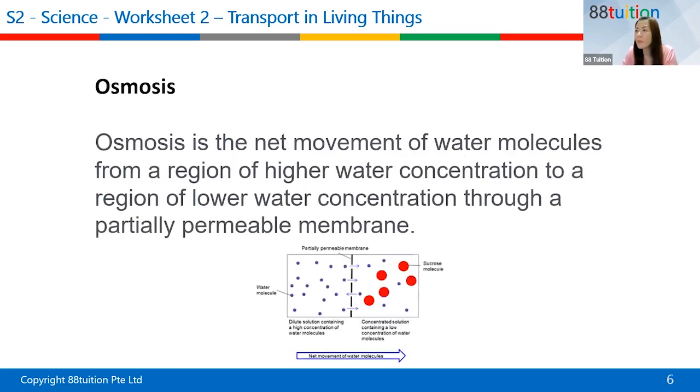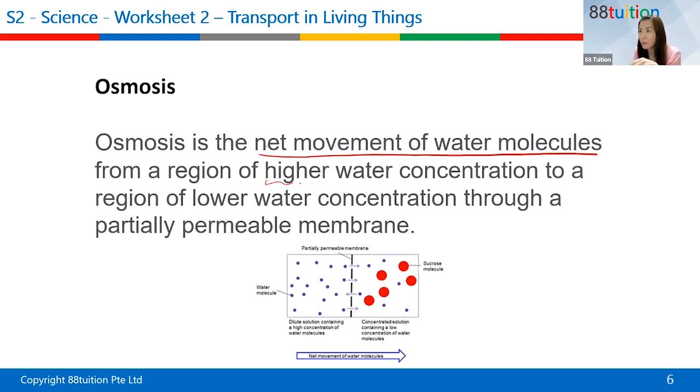Now, next thing we look at is osmosis. Just now I covered what is diffusion. Then I talk about semi-permeable membrane. And now this is osmosis. Okay, what is osmosis? It's a net movement. Earlier we talked about net movement of solute molecules. This is net movement of water molecules, from a region, meaning area or place, of higher water concentration.